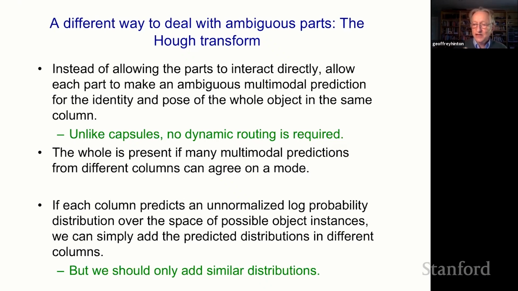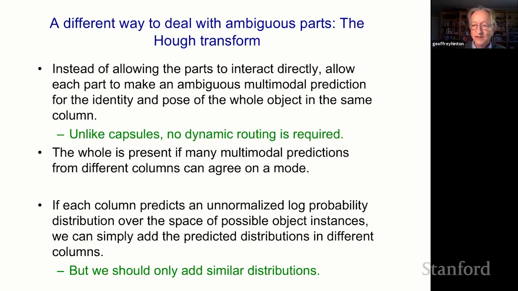So instead of trying to resolve ambiguity at the part level, what I'm going to do is jump to the next level up and resolve the ambiguity there just by seeing if things are the same, which is an easier way to resolve ambiguity. But the cost of that is I have to be able to represent all the ambiguity I get at the next level up. Now, it turns out you can do that. We've done a little toy example where you can actually preserve this ambiguity, but it's difficult.